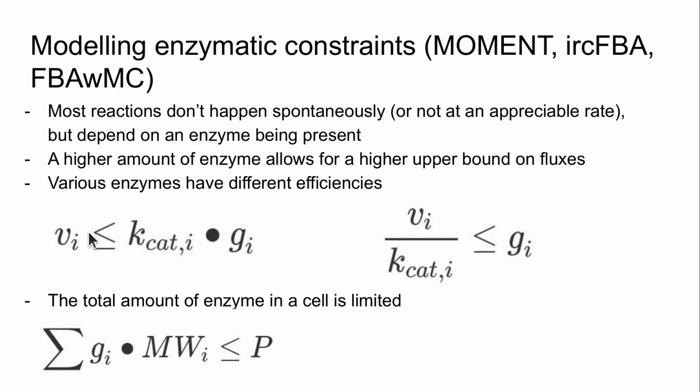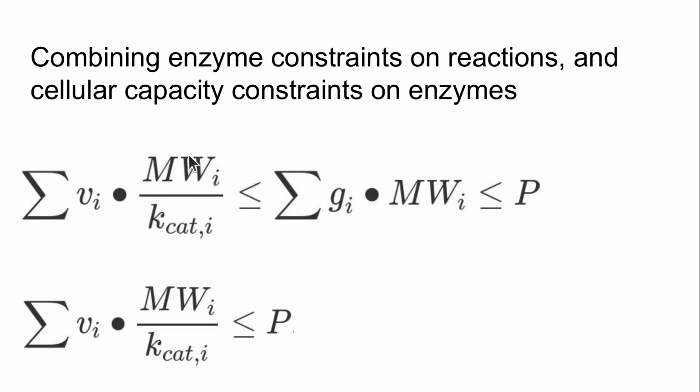So what happens if you combine these two constraints together is you get the following. Essentially, the sum of flux multiplied by the molecular weight divided by the efficiency of the enzyme has to be less than the total enzymatic capacity of the cell.